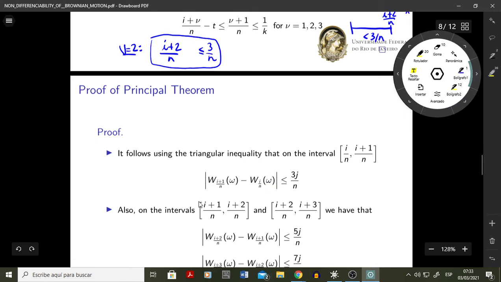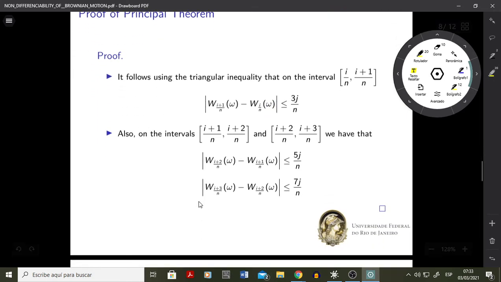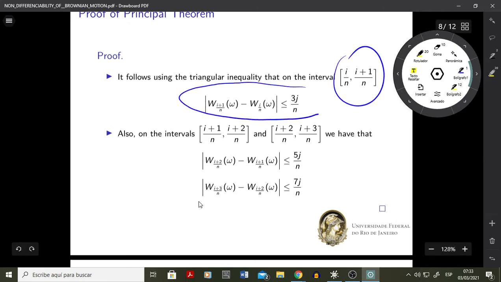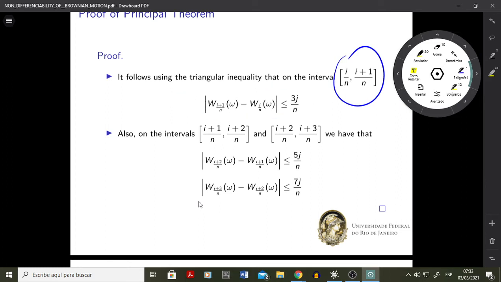On this interval, the distance between the Brownian motion at i plus 1 over n and the Brownian motion at i over n is less or equal than 3 times j over n.